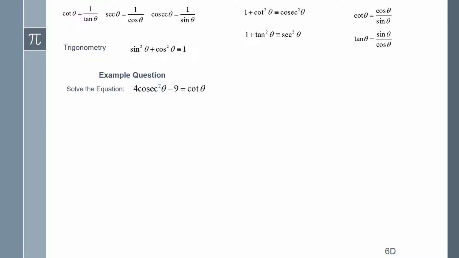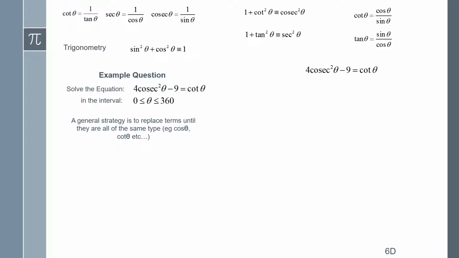Solve the equation 4 cosec squared theta minus 9 equals cot theta in the interval 0 to 360. A general strategy is to replace terms until they're all of the same type, cos, cot, or whatever.